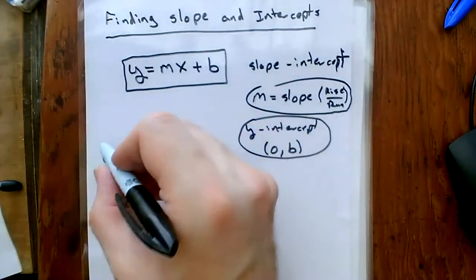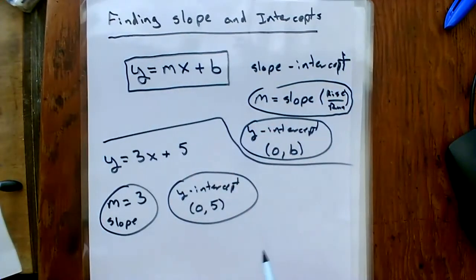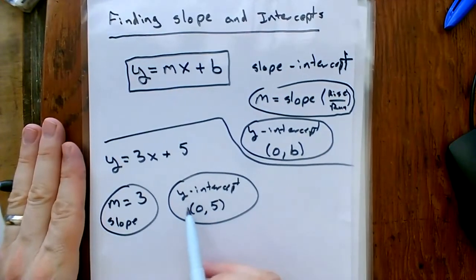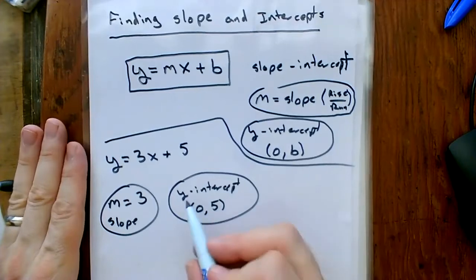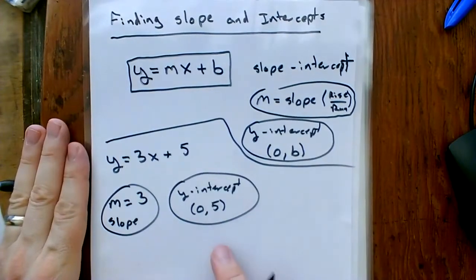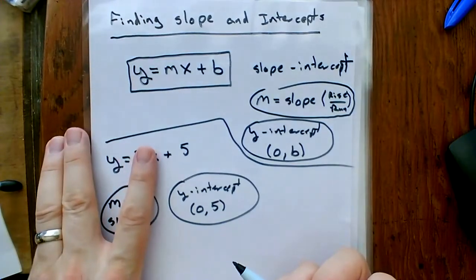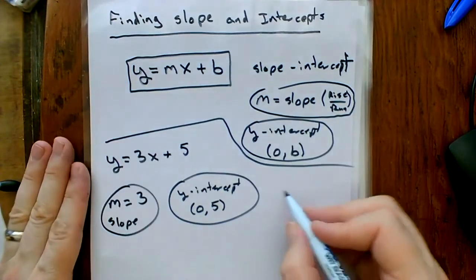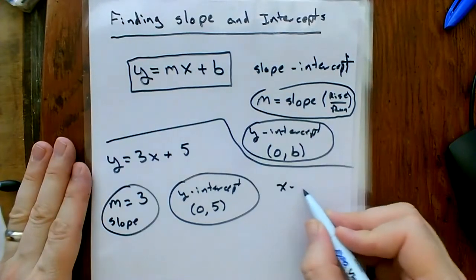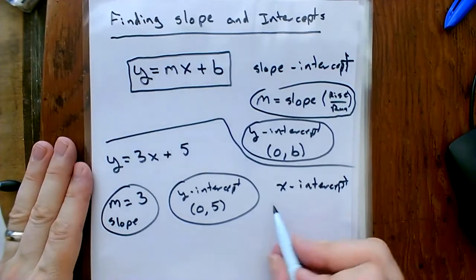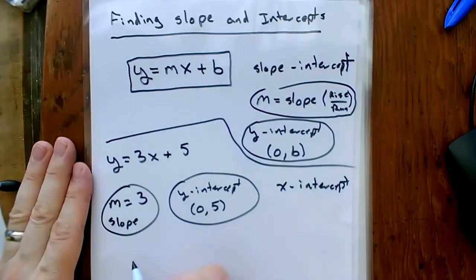Now, there's one other intercept I could get, and that's a little bit tougher. Finding an intercept just means we plug in a 0 for one of our values. If I plug in a 0 for x, I find my y-intercept. To find the x-intercept, you plug in a 0 for y.